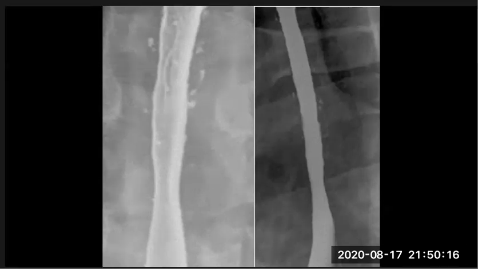Esophageal candidiasis is one of the causes. Any infection can cause it: peptic ulceration, candidiasis, even carcinoma can cause it.